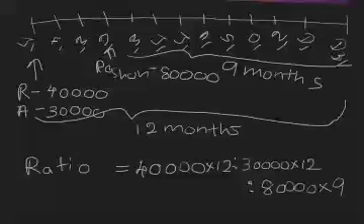When you find a common factor, you should divide all 3 terms in the ratio. You can't divide one term or 2 terms. You should divide all 3 terms. Here I can cancel these 4 zeros with these 4 zeros and these 4 zeros.